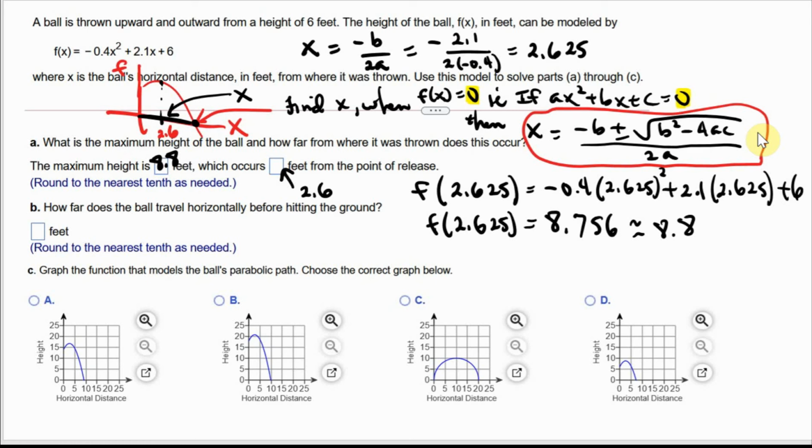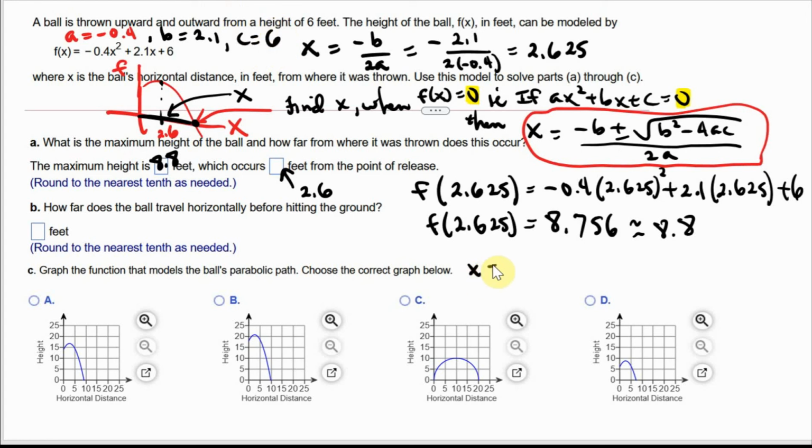Anyway, let's see. So we got to use that formula. So let's see what we have. We have a is negative 0.4. B is 2.1, and then that C is 6.